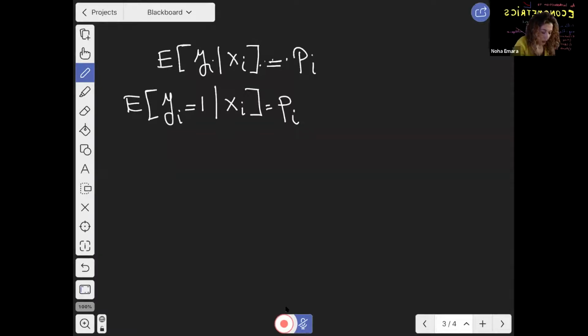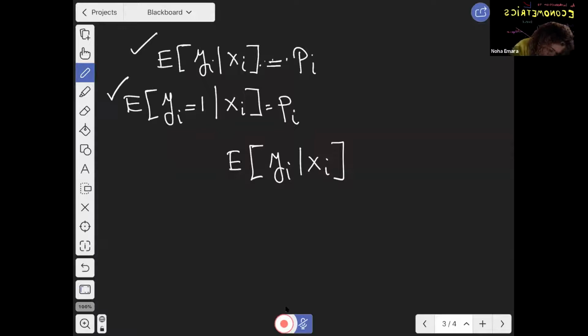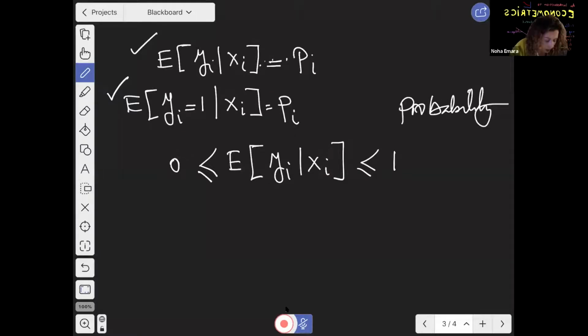It's very important to notice that this expectation of yi given xi, again, you can write it either this way or this way, is always between 0 and 1. It's a probability. So I'm going to get by the end a certain probability.